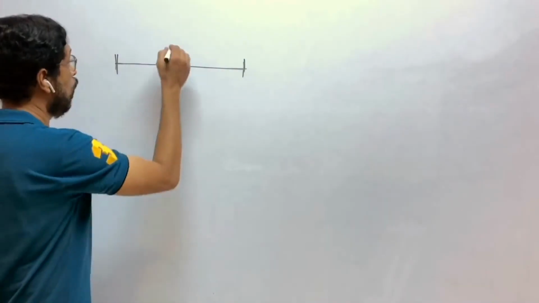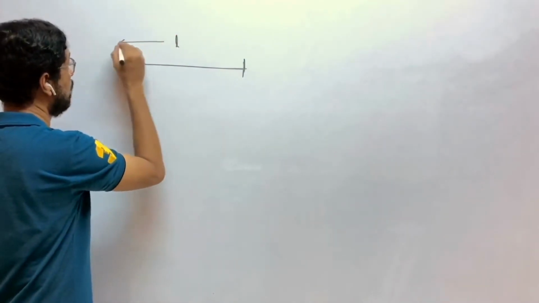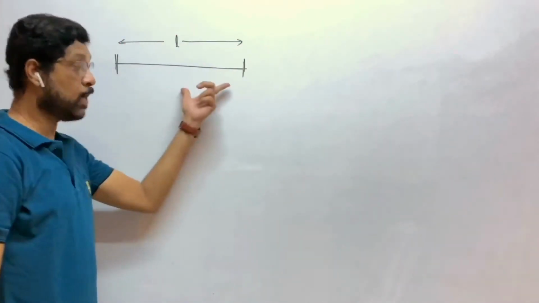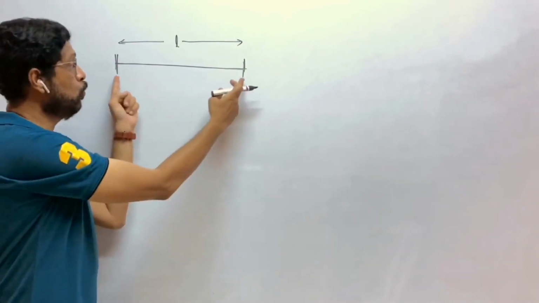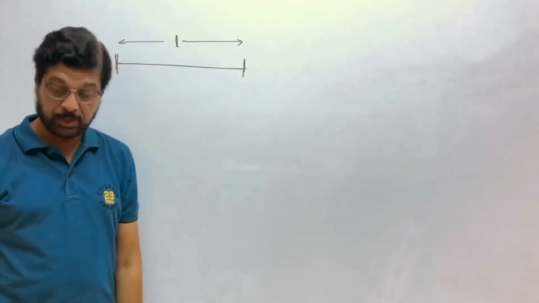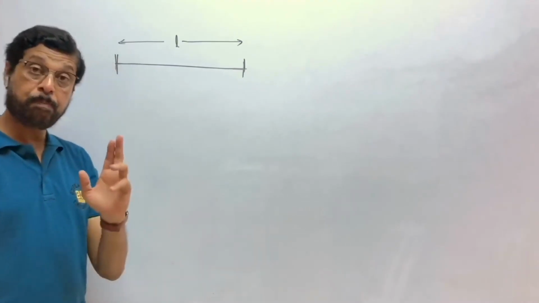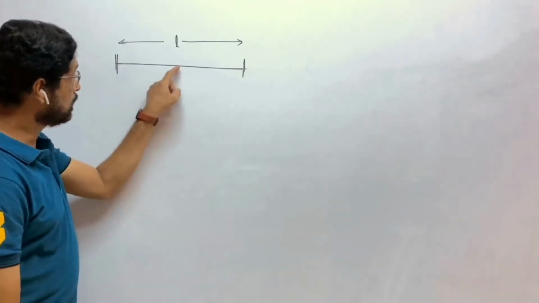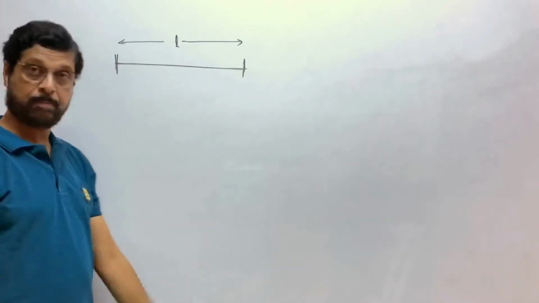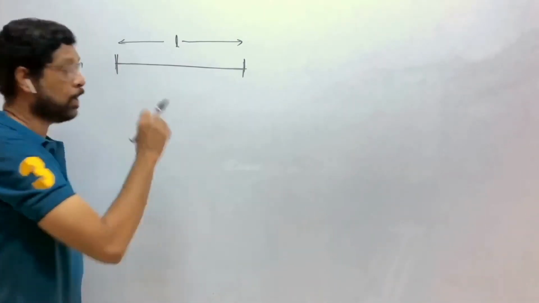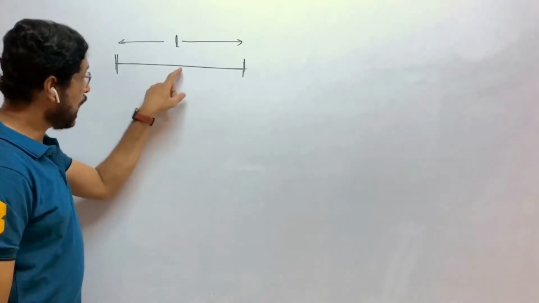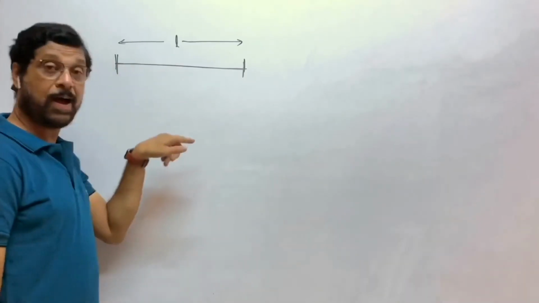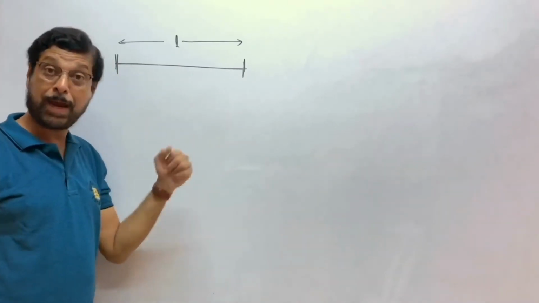Suppose a string of length L is stretched between two rigid supports. If you pluck the string exactly at the center, बराबर बीच में अगर उसको प्लग करो, तो जहां पे आपने उसको प्लग किया वहां पर क्या बनेगा? ऑब्वियसली एंटीनोड.